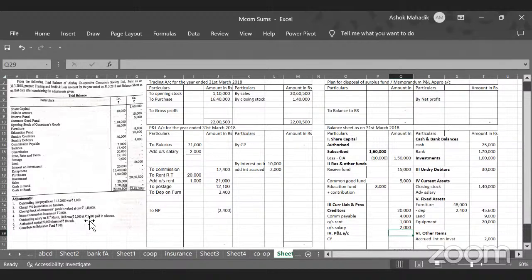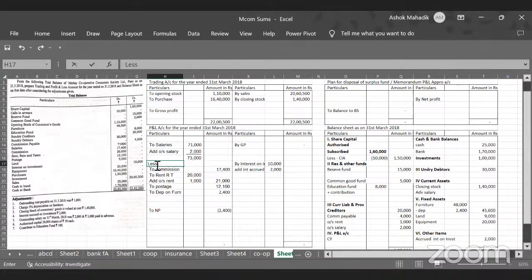Next, advance salary is 3,000. So first I'll add this salary to the original figure, 73 is there. From this we'll remove less advance. It means next year's salary for maybe 1 month we have paid in advance.